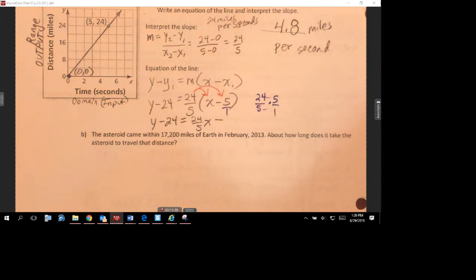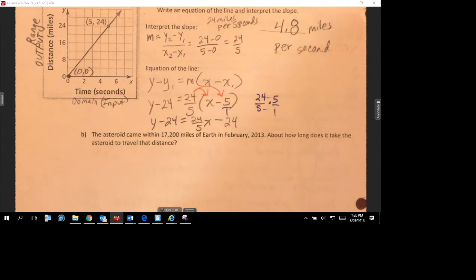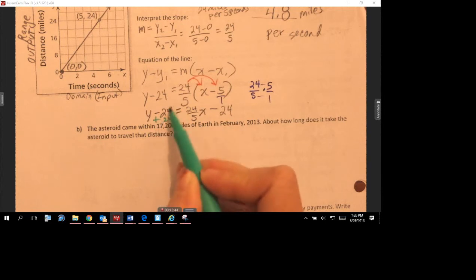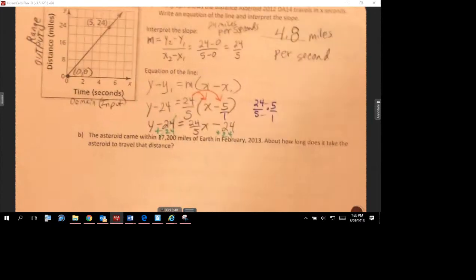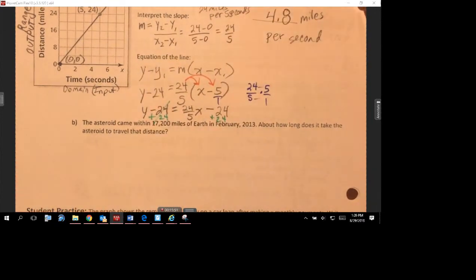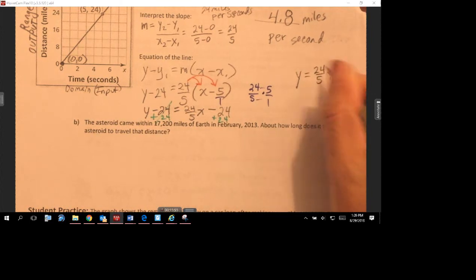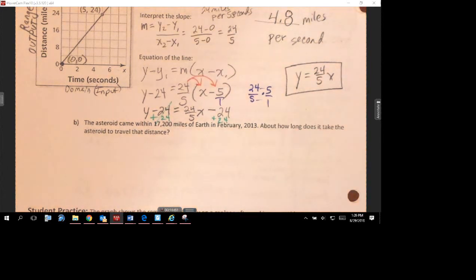You get 120 over 5, and then it reduces to 24. Okay? And then from there we're going to add 24 to both sides, so the y is by itself. But when I add 24 to the other side, it just cancels out. So we get y equals 24 fifths x. So that is our equation. Okay, so that's equation 1.